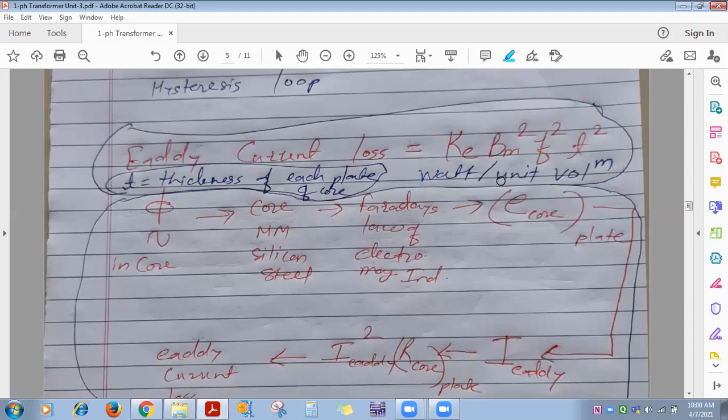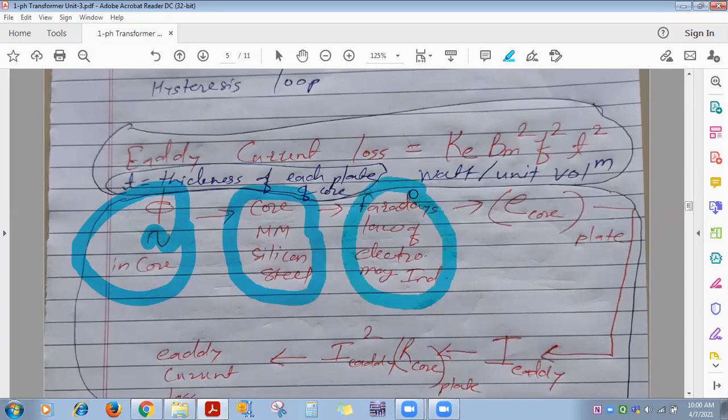Now see, we are not talking about conductor and current. We are talking about now flux and core. Okay, so see, through the core, all of you know alternating flux flows. That core is made up of magnetic material, silicon steel, and it is laminated. So what will happen as per Faraday's law of electromagnetic induction?